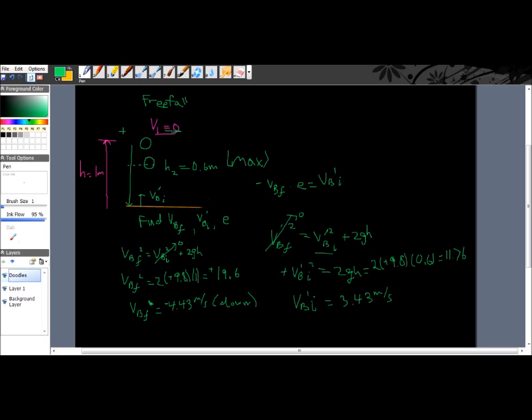So now we just plug them into this equation and solve for E. So E equals 3.43 over, that shouldn't be negative, but we know it's down.